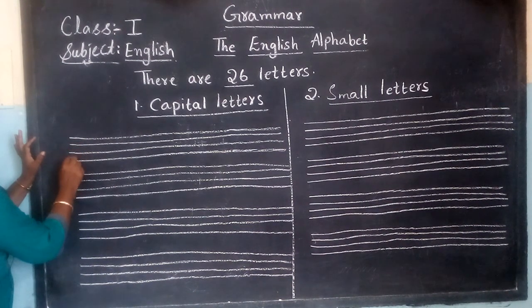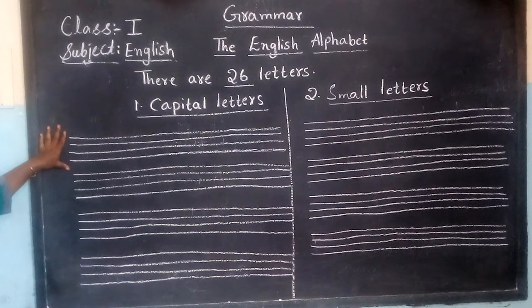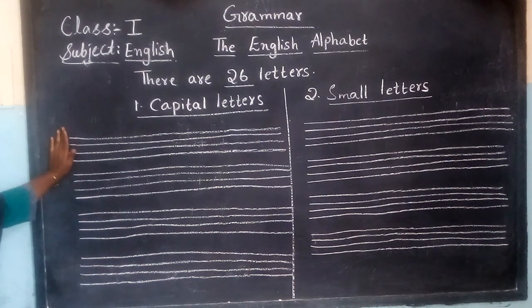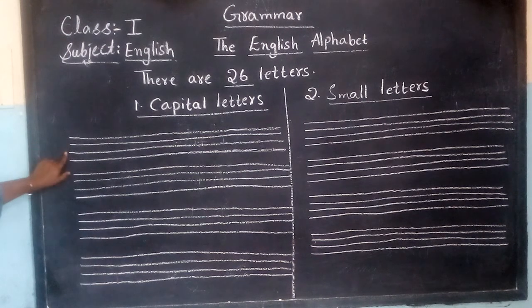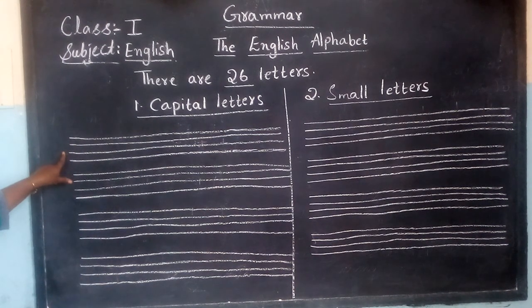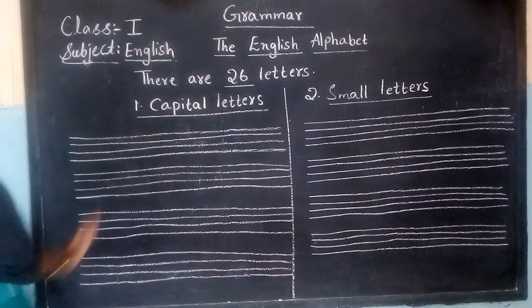These are the 4 lines. You have this 4 line book. So here 1, 2, 3, 4. We use only the upper lines. Uppercase means 1, 2, 3. Only 3 lines we use to write capital letters.